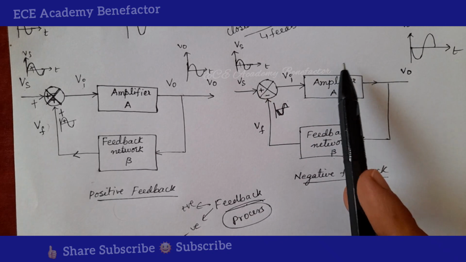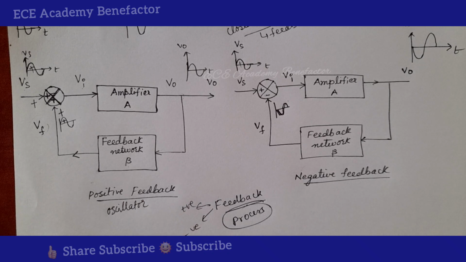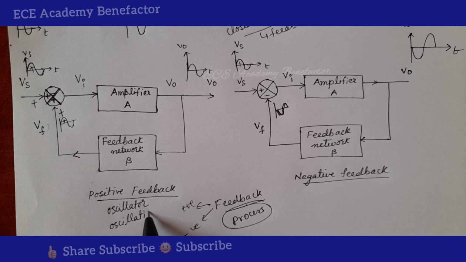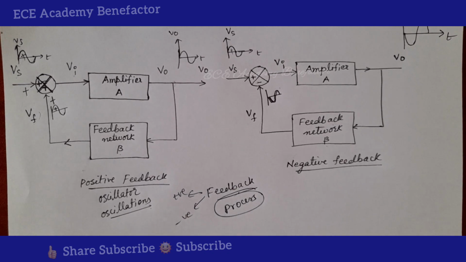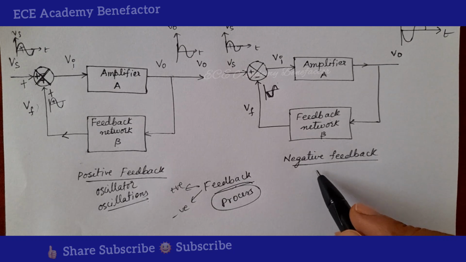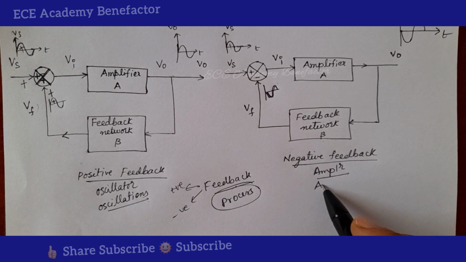Positive feedback is generally used in oscillators because it produces oscillations. Negative feedback is used in amplifiers because it amplifies the signal.